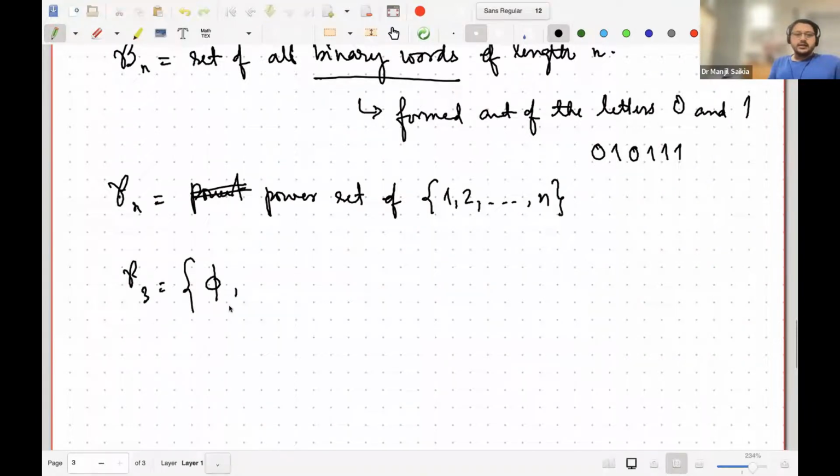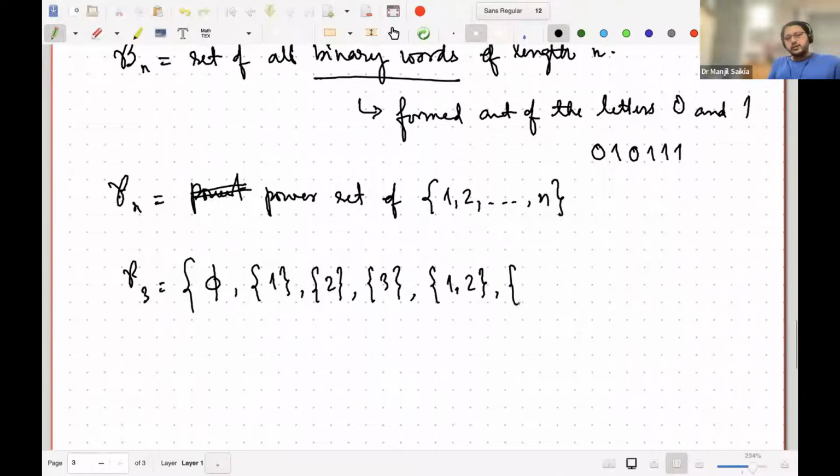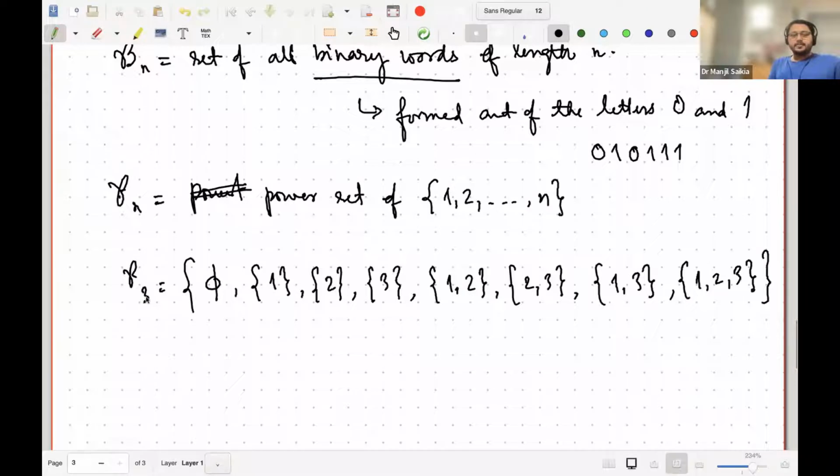So the empty set, then the singletons, which are 1, 2, and 3, and then you have the sets with 2 elements, and then you have the whole set. Okay, so this is the power set of the set 1 to 3. So P of n is now the power set of 1, 2, up to n.